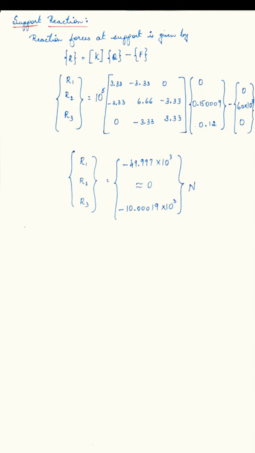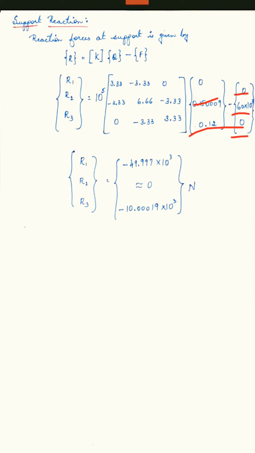With these known, we can calculate the support reaction. Support reaction is given by the same formula, R equals K into Q minus F. R1, R2, R3 equals 10 to the power of 5, matrix 3.33, minus 3.33, 0; minus 3.33, 6.66, minus 3.33; 0, minus 3.33, 3.33, and you multiply this with the vector 0, 0.15009 and 0.12, minus the load vector 0, 60 kilonewtons, which is 60 into 10 to the power of 3, and then 0.